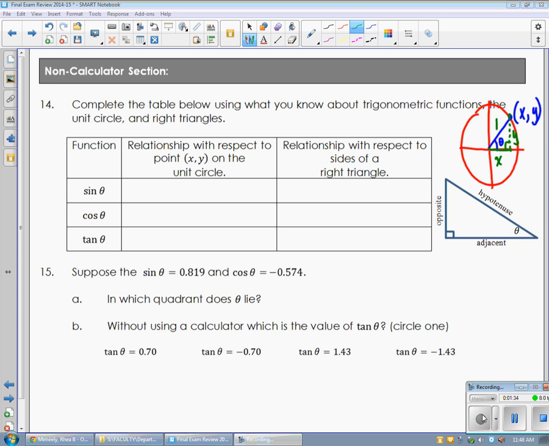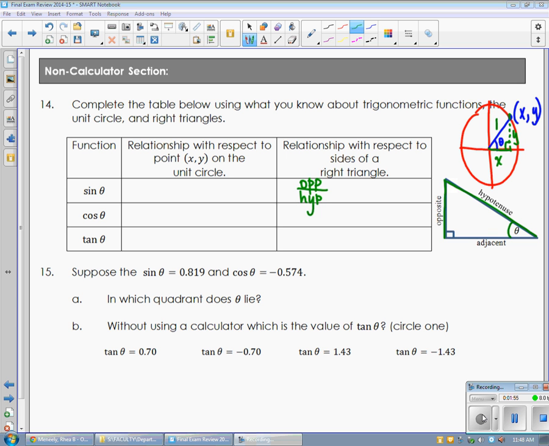So if we think about the sine function, and actually I can relate both the unit circle and the triangle, the sine function, remember, is just opposite over hypotenuse. Let me do that with the triangle first. It's opposite over the hypotenuse.